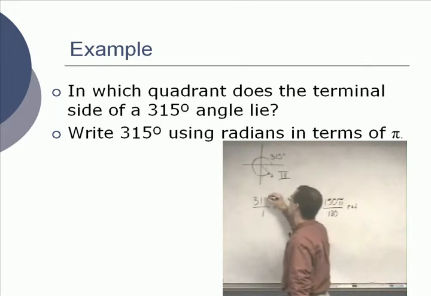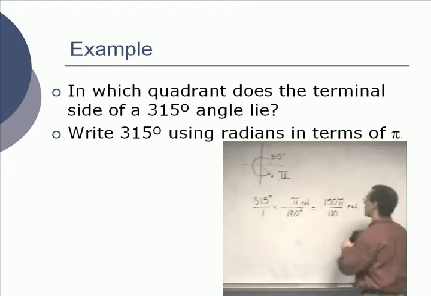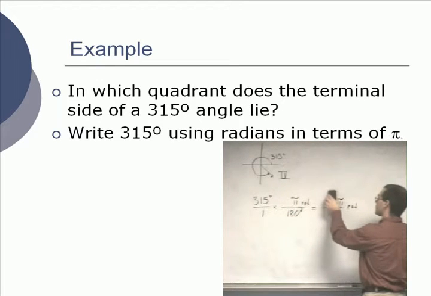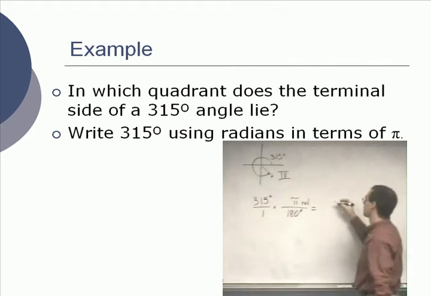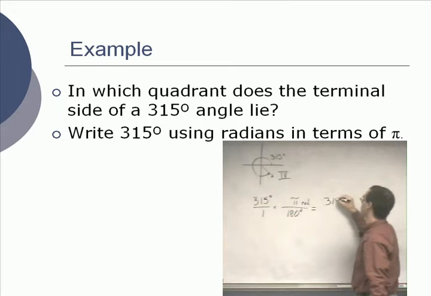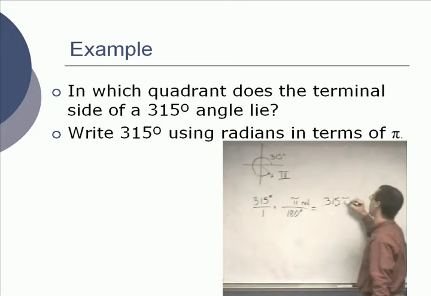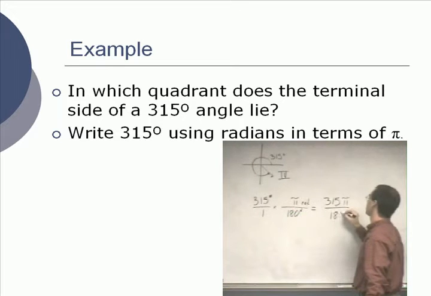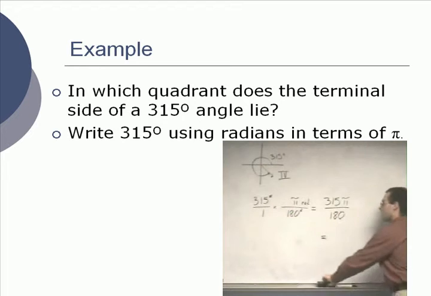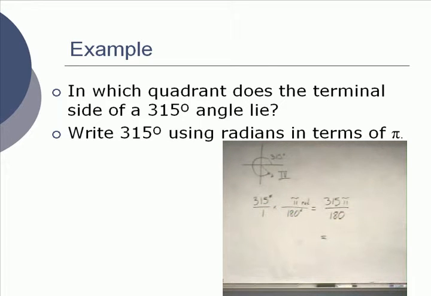We've got 315 degrees times pi over 180 degrees. The degrees cancel. 315 pi over 180. 315 over 180 is going to reduce.